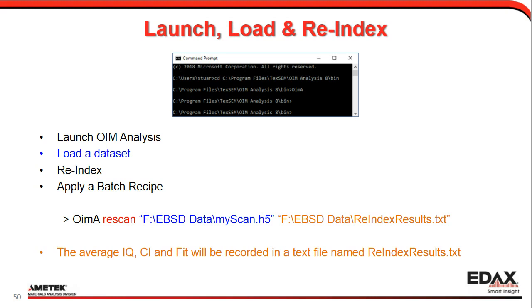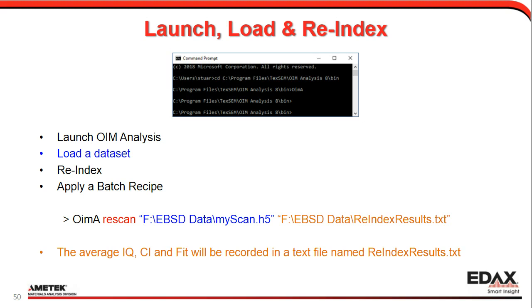We've also expanded it to include the reindexer. So once again, use OIMA, the rescan keyword, and then the file name. In this case, it's an HDF5 file that contains patterns, and then a file to apply a batch recipe.